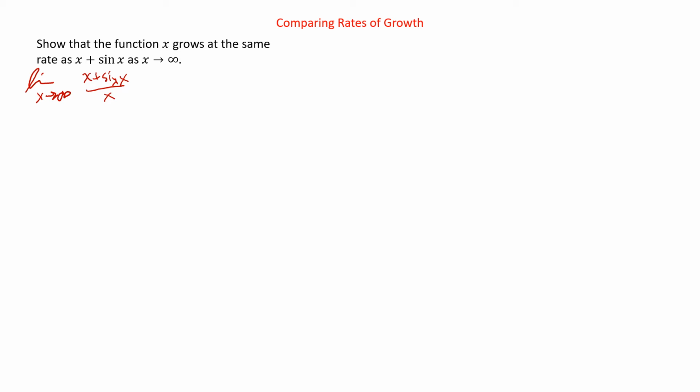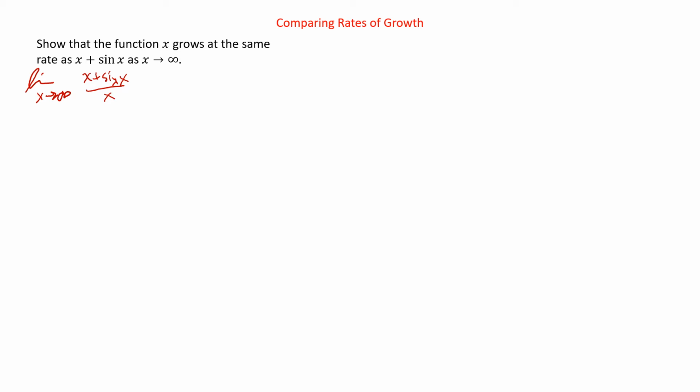First of all, let's make conceptual sense of this. Show that the function is growing at the same rate. So x and x plus sine x are growing at the same rate. If we think about it, sine x is just going between -1 and 1, which when we're at really small values of x, like 2, 3, 4, makes a bit of a difference.